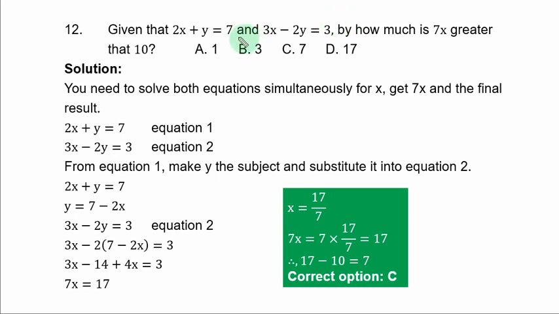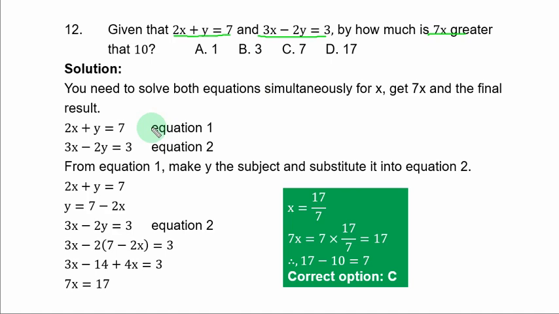Question 12. Given that 2s plus y equal to 7 and 3s minus 2y equal to 3, by how much is 7s greater than 10? For us to get 7s, we need to get s first, and that means you solve both equations simultaneously, and I want to use the method of substitution.